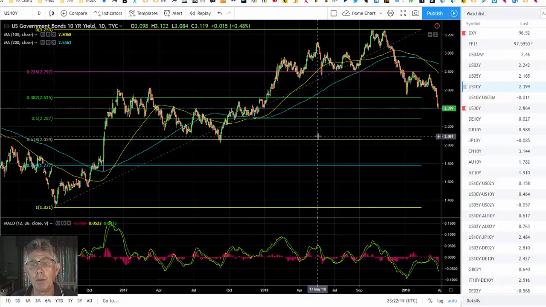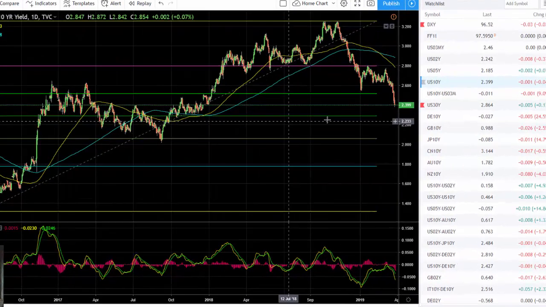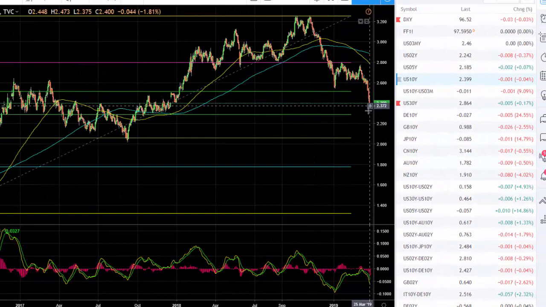US government bond yields did head lower, and they're now down below 2.4% in the 10 years, as you can see, and probably look to be heading down to this 50% retracement level at under 2.3.